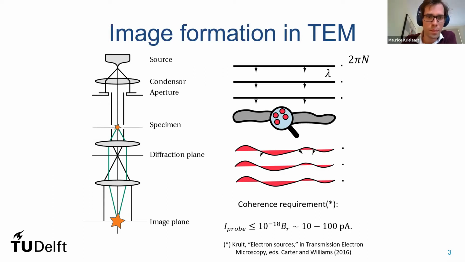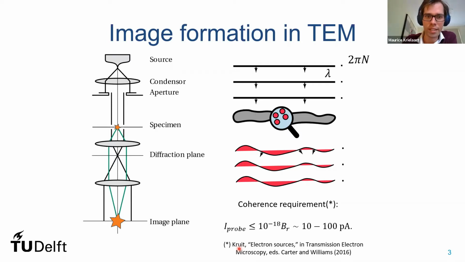Then what we want to do in microscopy is image these waves onto a detector, usually by adding a few extra lenses in between. But to get a decent image, it's important that you work with a coherent beam. You can go through the full theory, but in a book chapter publication a couple of years ago, you can look up this really neat requirement for coherence in a TEM.